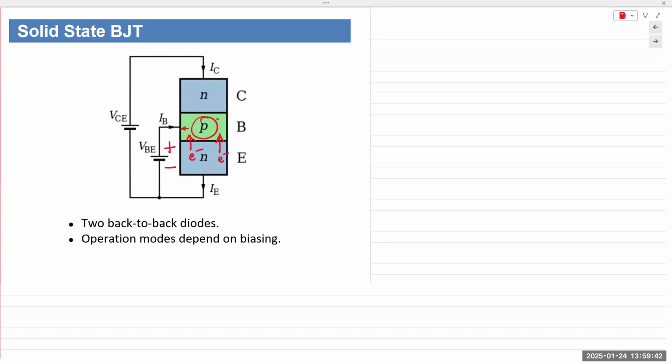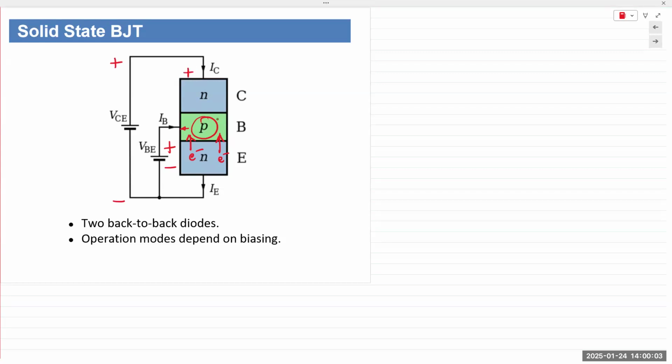But because the base region is low on charge carriers and it's very thin physically, most of the electrons are like, okay, we crossed the junction, we are here. What do we do now? Well, that's where the magic happens. We connect positive to the N side, meaning we reverse bias the collector and base junction.